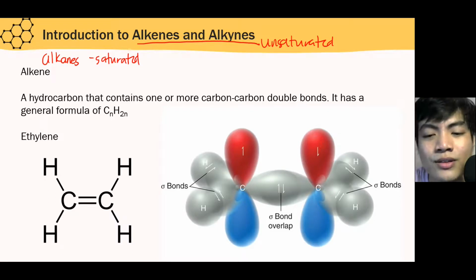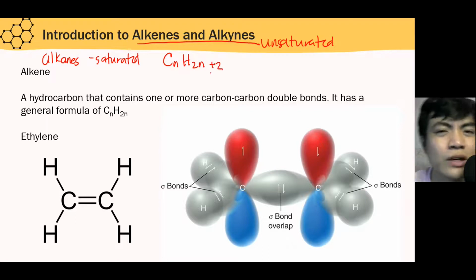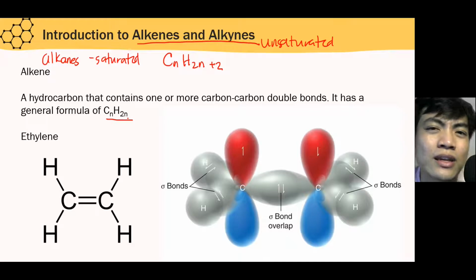Also, in comparison with alkane, the general formula for alkane is CnH2n+2. For alkene, its general formula will be changed to CnH2n. So wala na yung plus 2. Why?